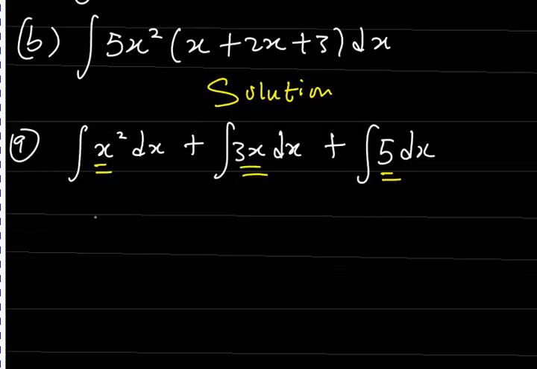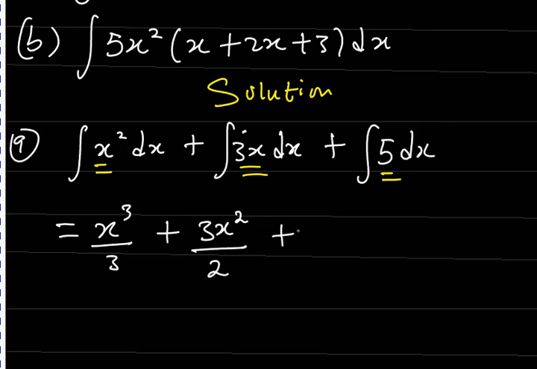Of course, if we integrate this, this is going to be x raised to the power 3 divided by 3, plus, 3 is a constant, that will go, 3x raised to the power 2 divided by 2. Then if we integrate 5, that is simply 5x plus the constant of integration. Okay, can leave it that way.